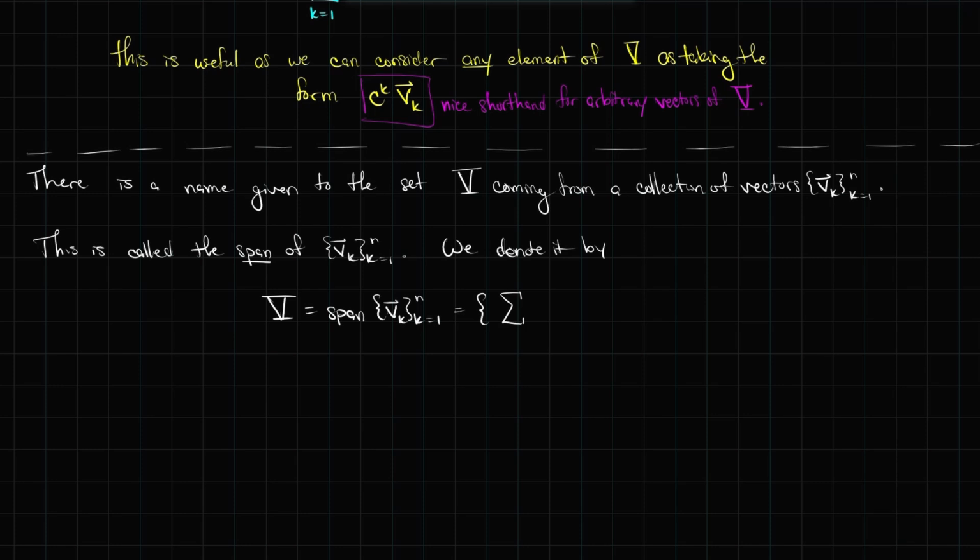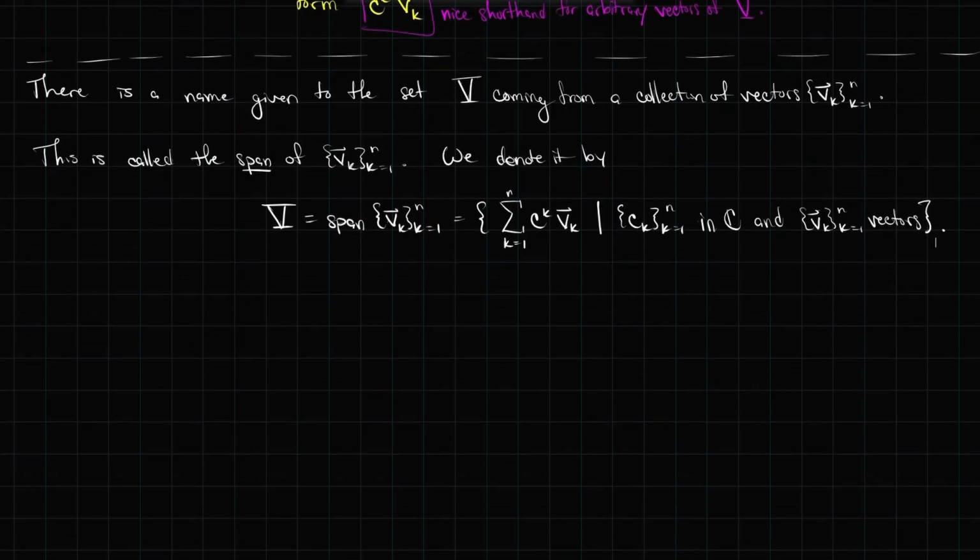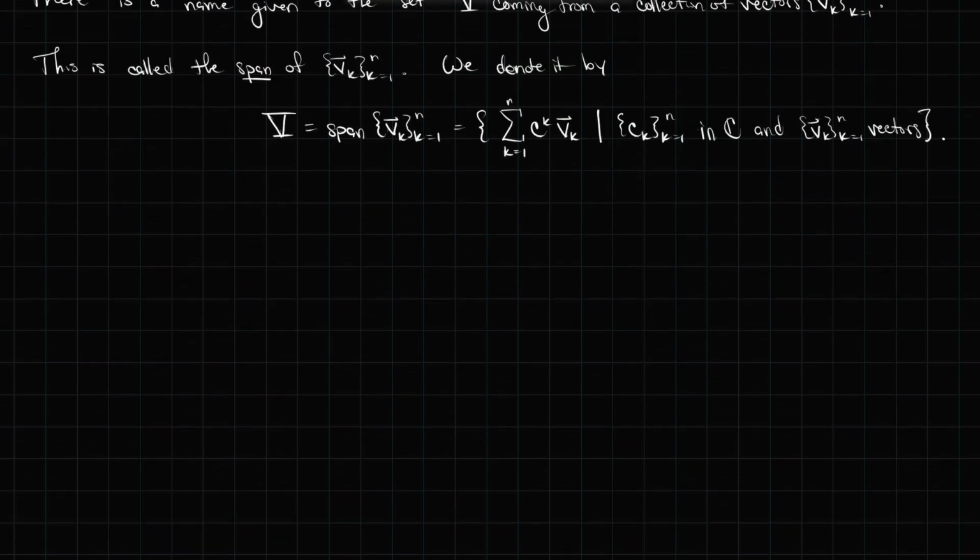I won't use Einstein summation here, I'll use the regular sigma notation, the sum of Ck Vk such that Ck in C and Vk vectors. So this is a good word to keep in mind, span. We're going to be seeing it all the time, especially today, but also in the future. So that's one extra nice word that we can think about.